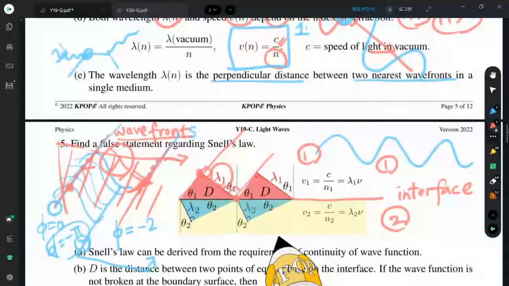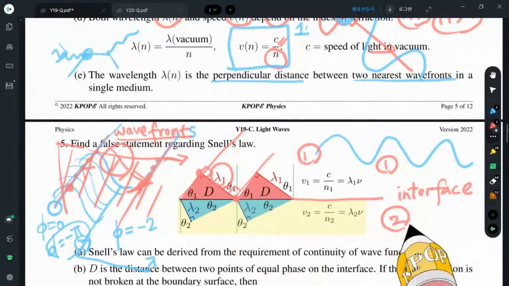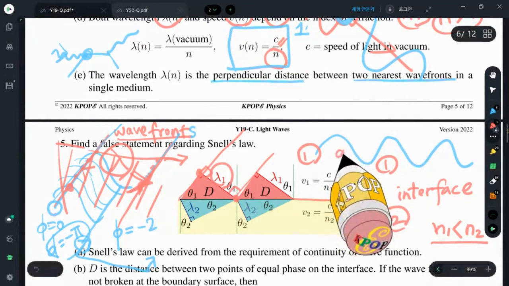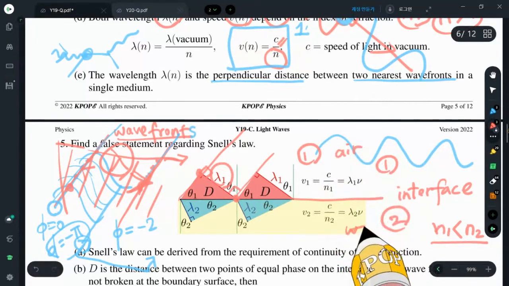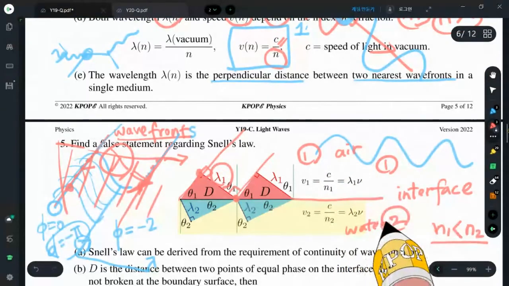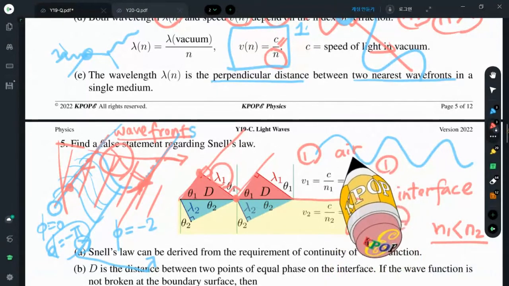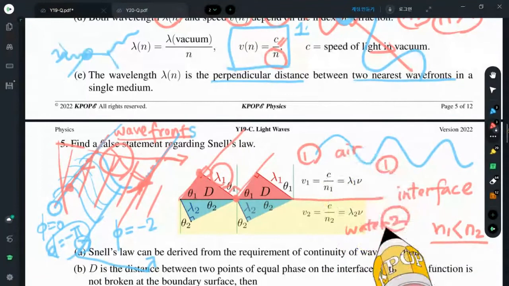However, the wavelength in medium 2, let's see, this N1 and N2, N2 is greater than N1, such as the case of air and water or glass or vacuum air, something like that.